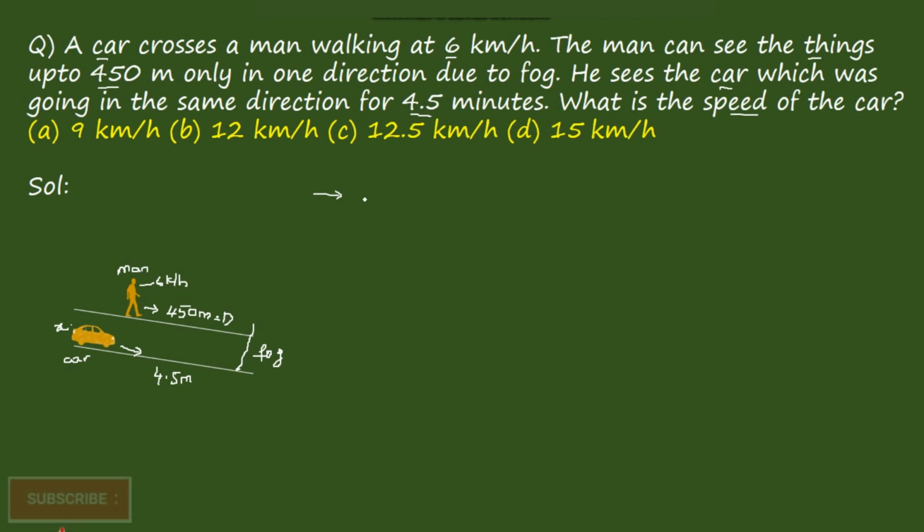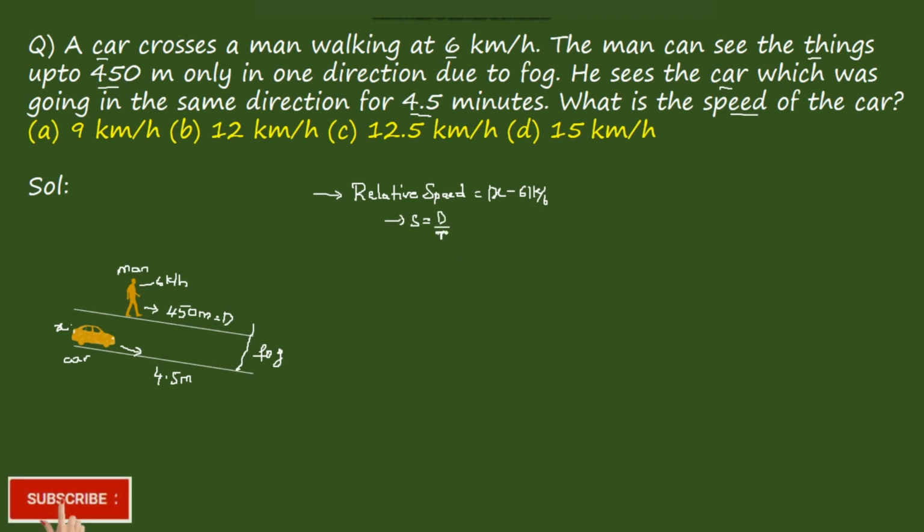Here we consider the relative speed. Both of them are moving, so we consider the relative speed of the man and the car. The speed of the man is 6 and the speed of the car is x, so it becomes x minus 6 kilometers per hour, right? But we know that speed is equal to distance by time.